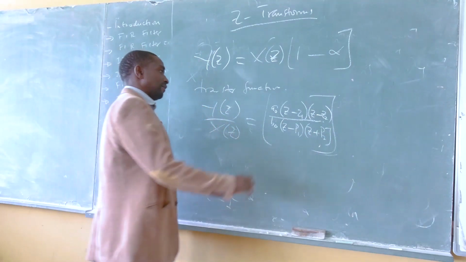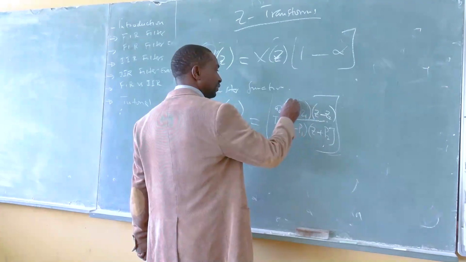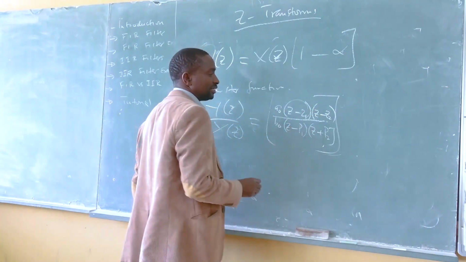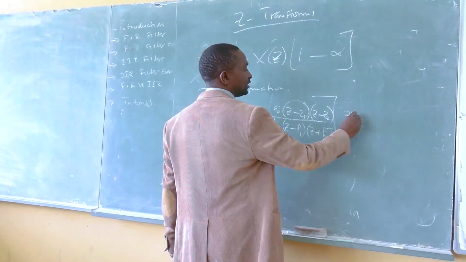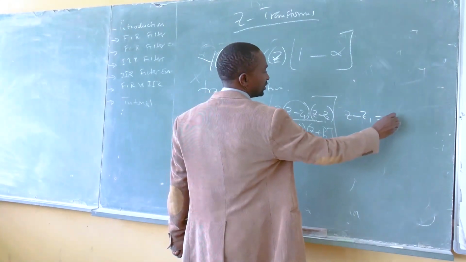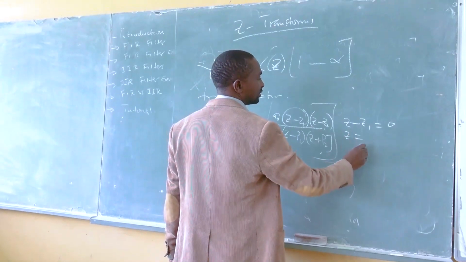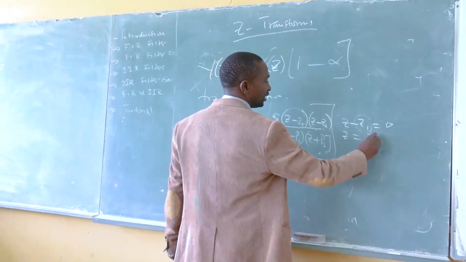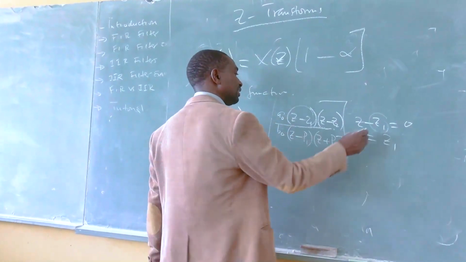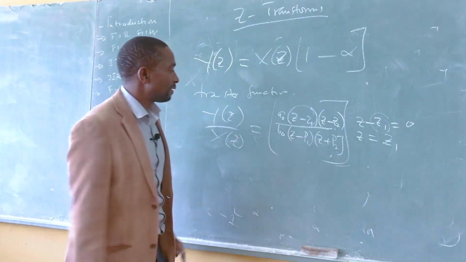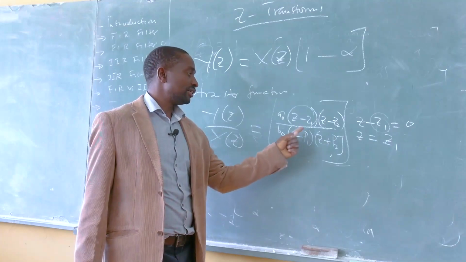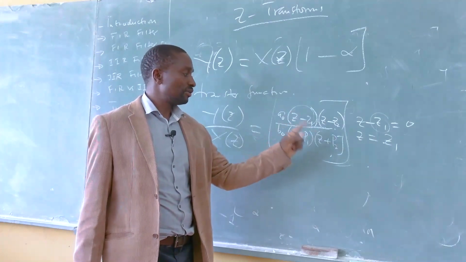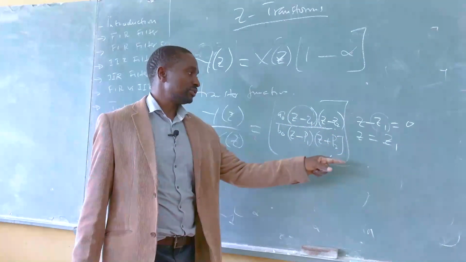So if I equate each of these numerator terms to 0, then I have z minus z1 equals 0, then my z is equal to z1, which is a zero. When I equate each of the denominator terms to 0, I get z equals pole 1, z equals pole 2, and so on.